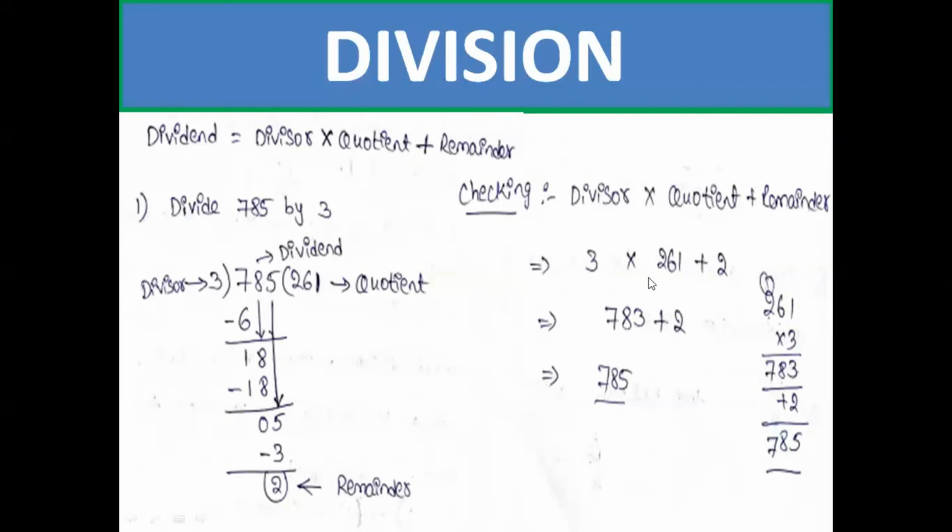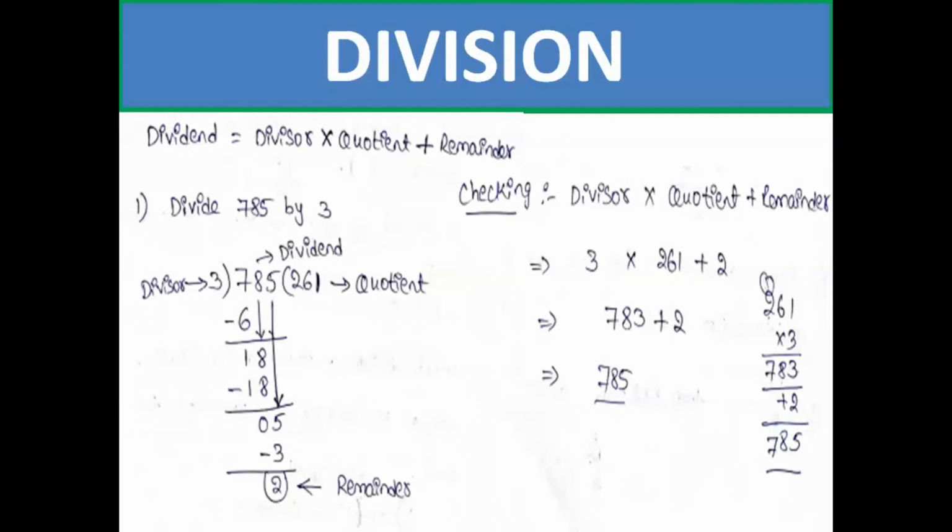261 into 3. We have to multiply these two. Okay. 3 ones are 3. 3 sixes are 18. 1 carry over, 8 write down. 3 twos are 6 plus 1 is 7. What will we get? 261 into 3 is how much? 783.